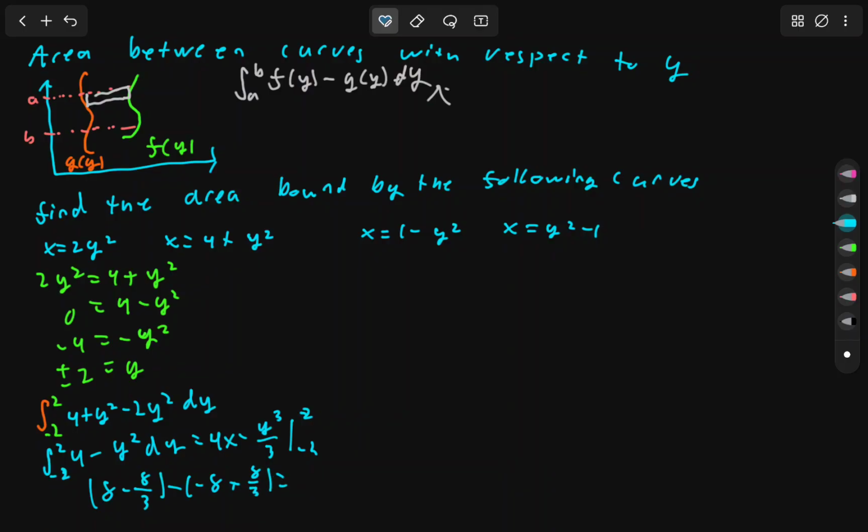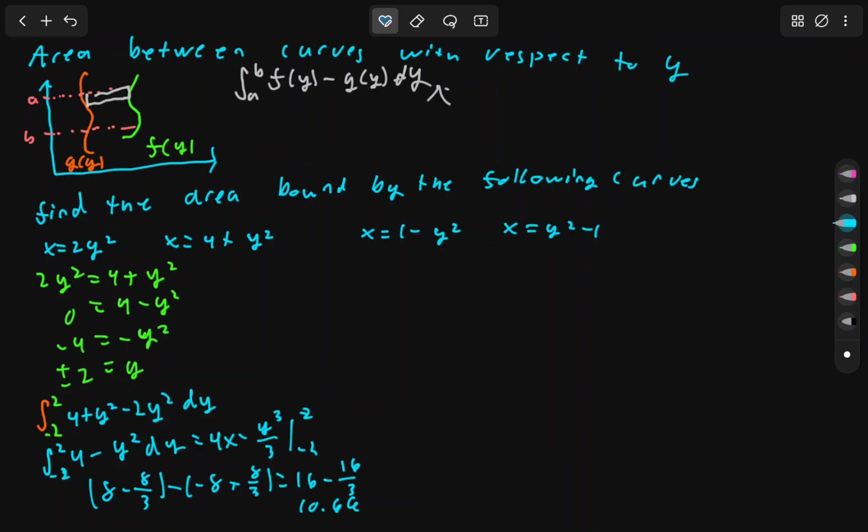This becomes a negative 16, and because we have the minus, it's minus negative 16 thirds. So this adds up to 32 thirds, which is about 10.66.